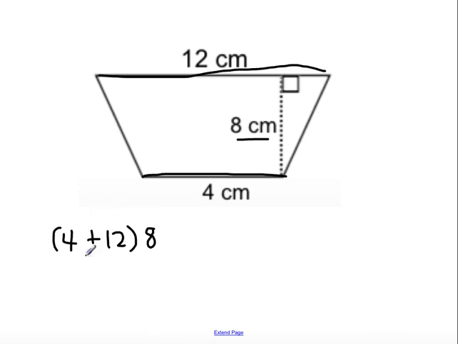So we have 4 plus 12, which is 16. Putting that in parentheses, we're multiplying that times 8.